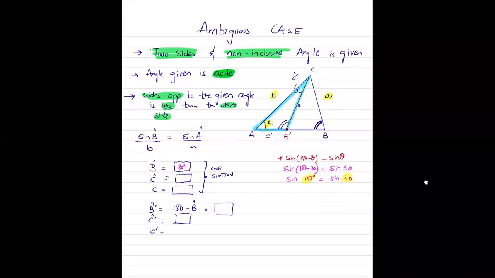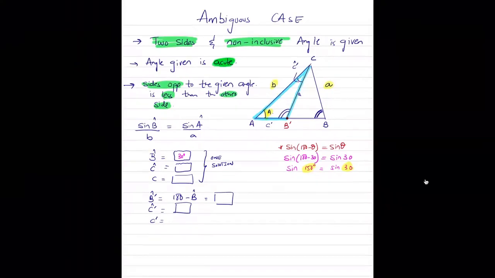To find this length C dash, what comes to your mind? What can you do? Yes, using this triangle, you have the sine rule.